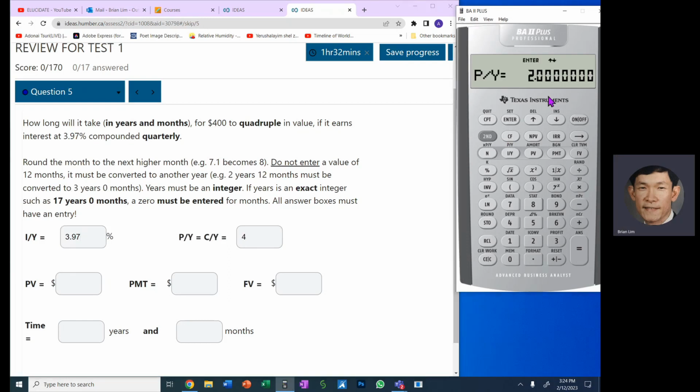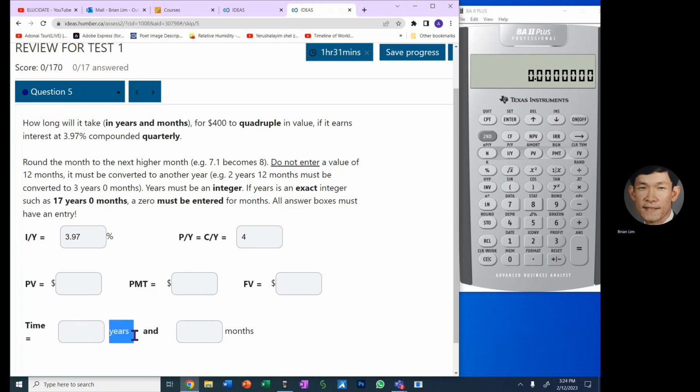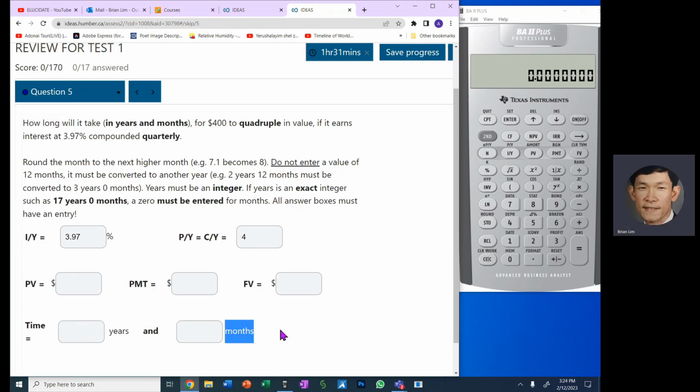So second I/Y, C/Y is 4, and so is P/Y. So we will exit that menu. And we are looking for the years and months, which means we will have to compute n. So that is where the computation lies.